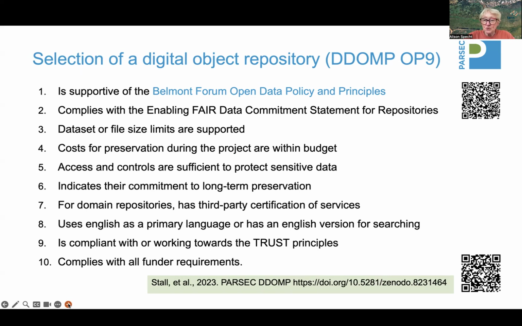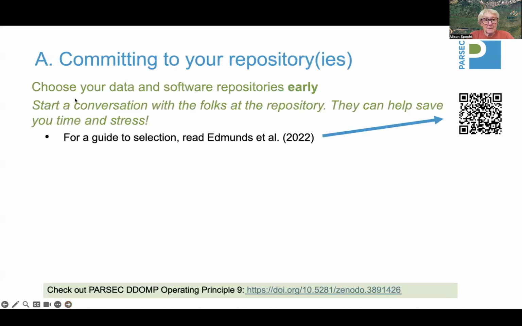So to make it truly open access, having a language like that as the core business of the repository is very helpful, fulfills the criteria, is compliant with or working towards trust principles, I mentioned that, and complies with all your funder requirements. So some funders may want a repository in their own country. Have to think about that. Okay, and we've got that in our DDOMP.